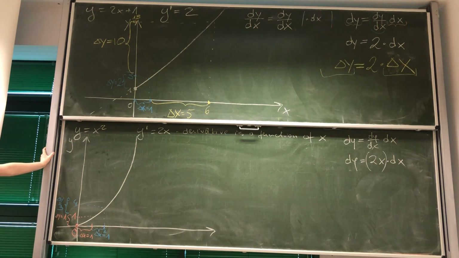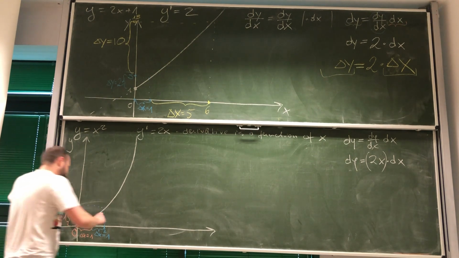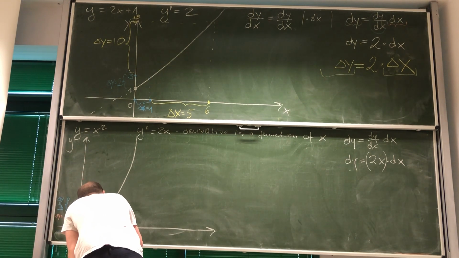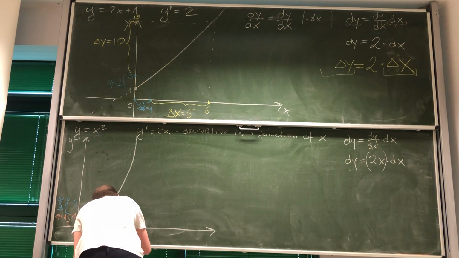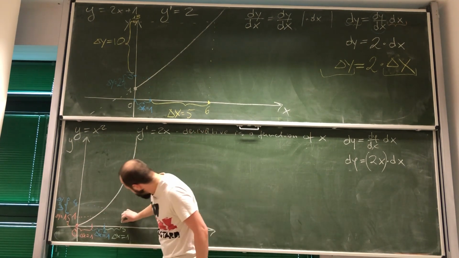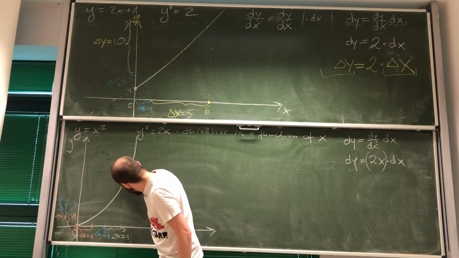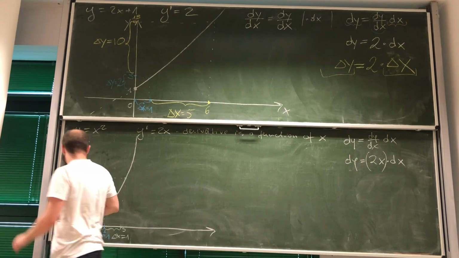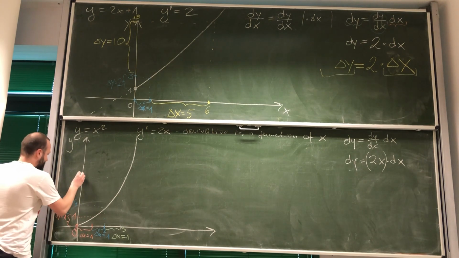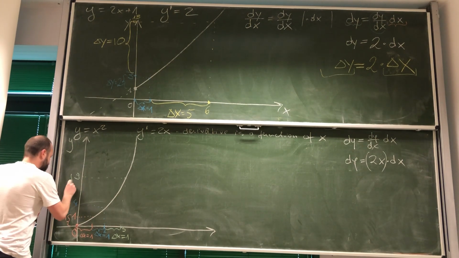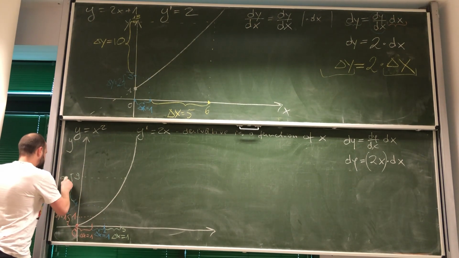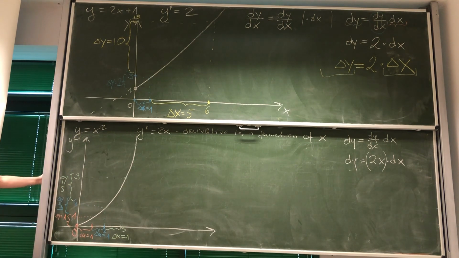And then, if I'm going to move x a little bit more to the point 3, so delta x is still 1, we see that y is 9, or delta y is equal to 5.